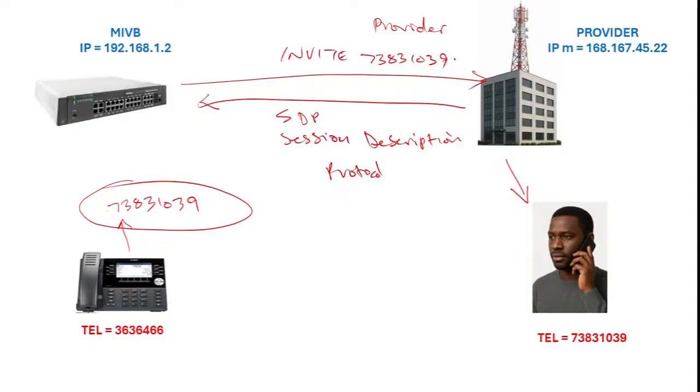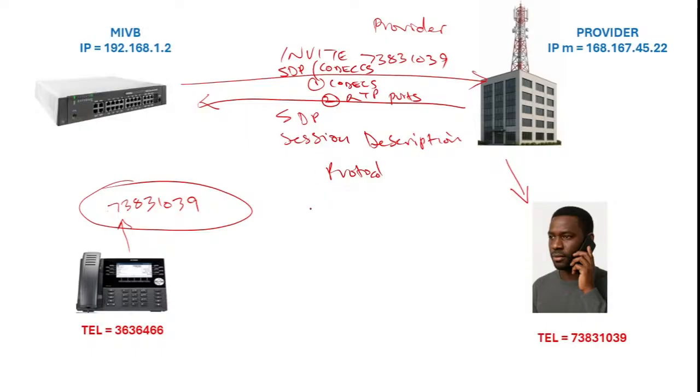So in this invite, there is also an SDP. This SDP is going to state the codecs that are going to be used, and it's also going to state, okay, number 1, codecs, and number 2, RTP ports.